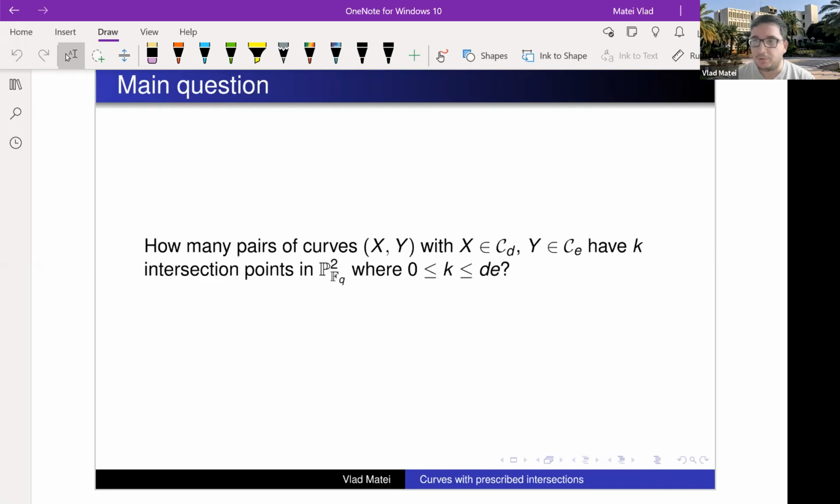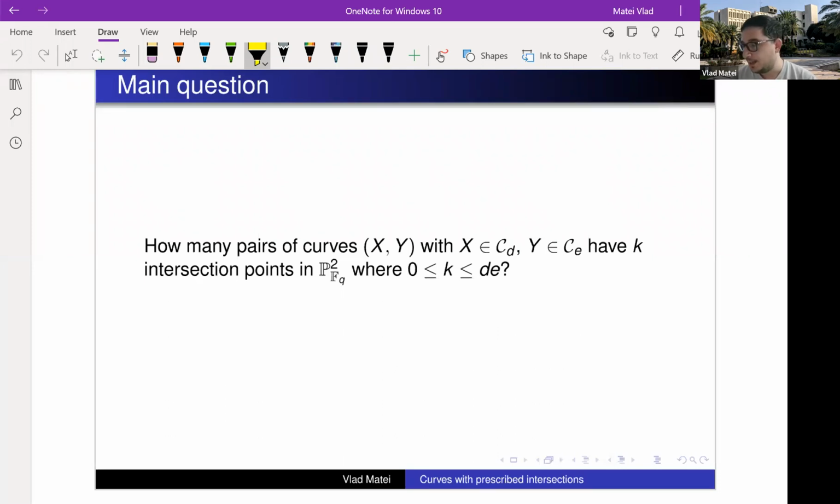This is because of Bézout's theorem. Technically speaking, if these were irreducible curves, you would expect some number between 0 and DE, with multiplicity over the algebraic closure, but here we're interested in the actual points that are in the finite field, where the curves also live.